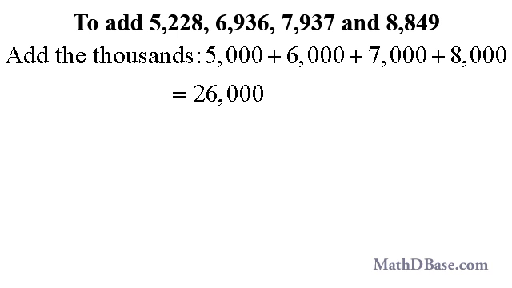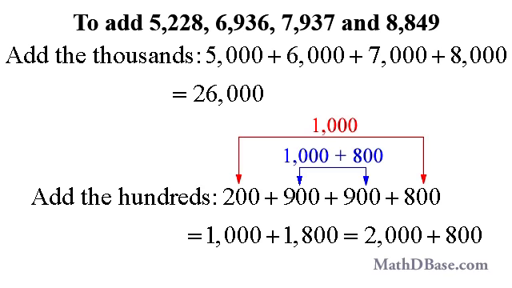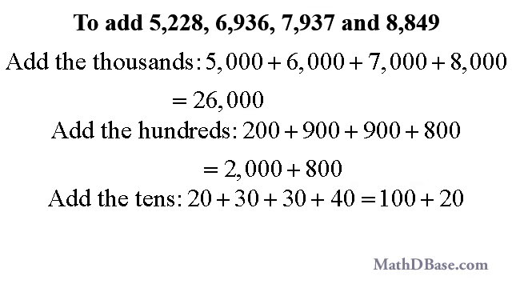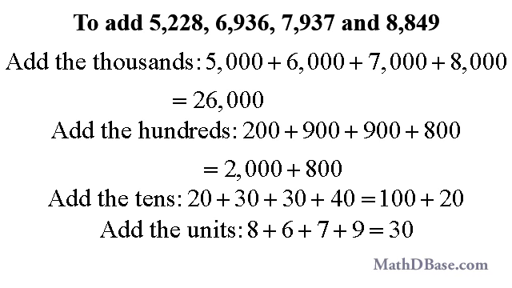For example, if we want to add 5,228, 6,936, 7,937, and 8,849, we can add the thousands, 5,000 plus 6,000 plus 7,000 plus 8,000 for a subtotal of 26,000, then add the hundreds, 200 plus 900 plus 900 plus 800 for a subtotal of 2,800, add the tens, 20 plus 30 plus 30 plus 40 for a subtotal of 120, finally add the units, 8 plus 6 plus 7 plus 9 for a subtotal of 30.